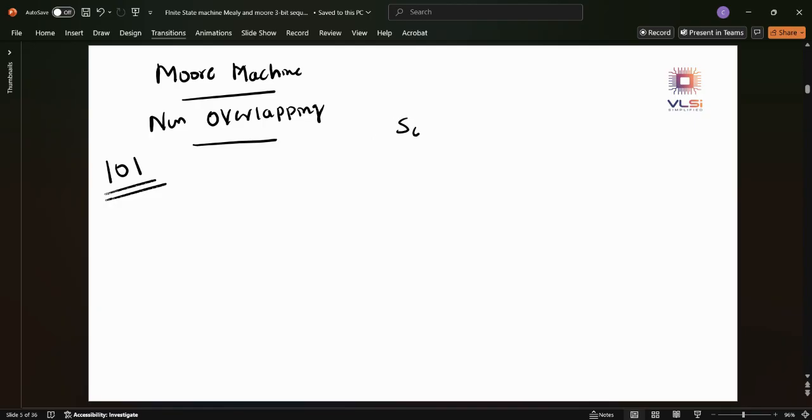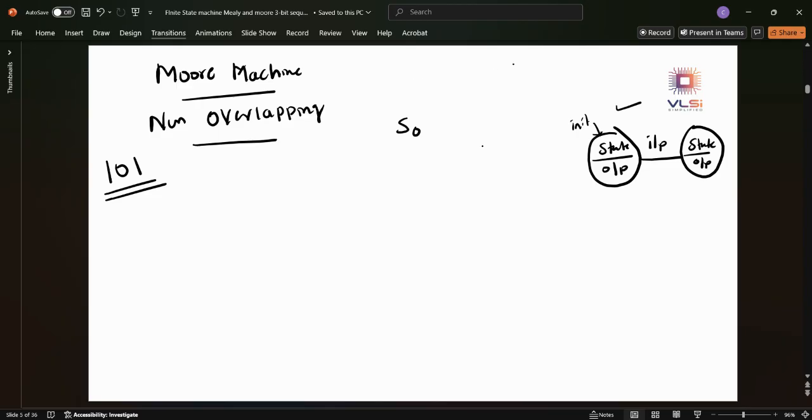And here, input, here the initial state. So this is the basic diagram for the Moore machine. Why? Because in the Moore machine, the output is a function of what? Only the present state. So whatever outputs there are will be defined within the state itself. Separately you need to define the inputs.